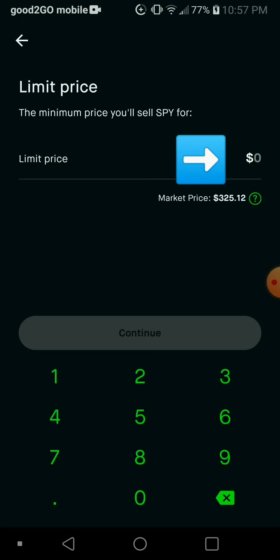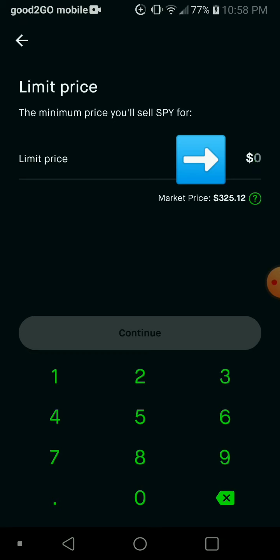I hope. So I'll say, hey, if it hits 320, please sell. Let's say the stock now is 325, and if it hits 320, please trigger the order. But I don't want it to get sold at the market price.